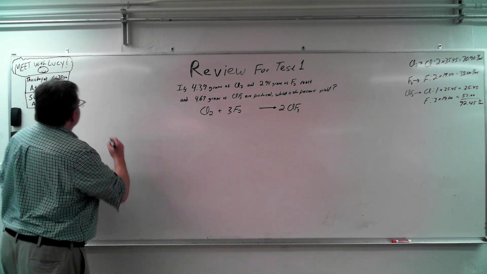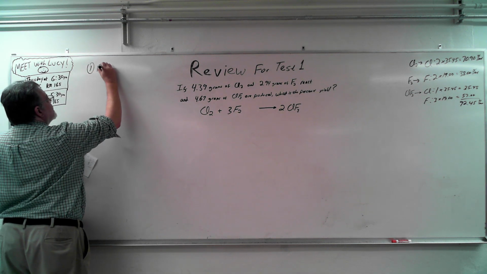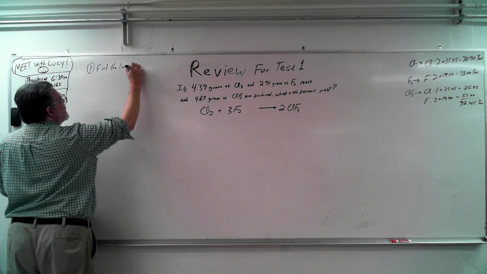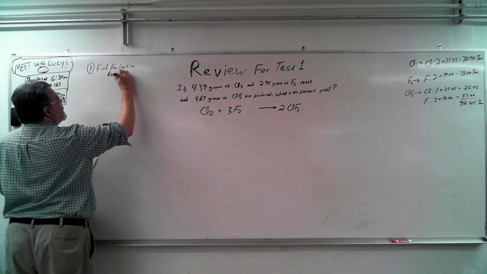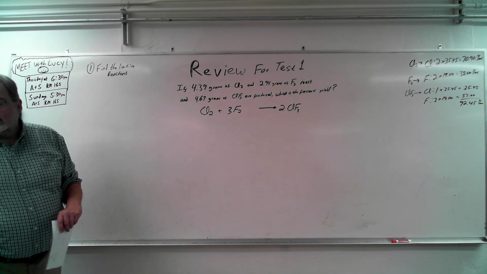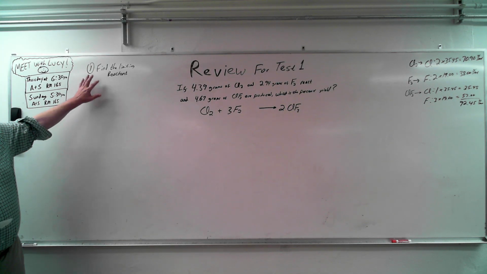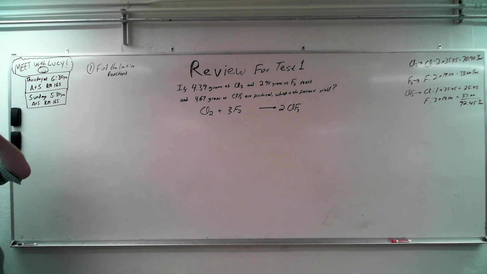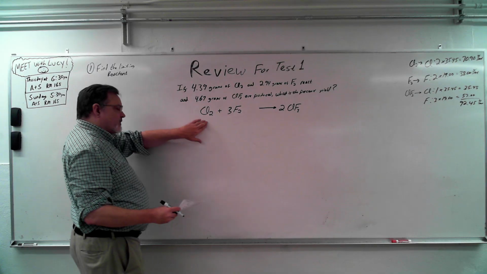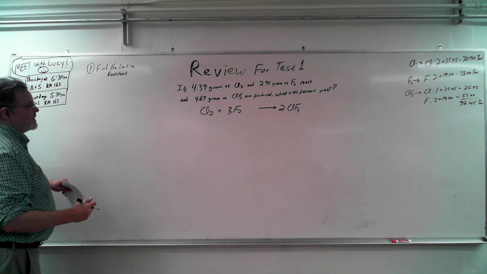Okay, first, whether you're looking for theoretical yield or percent yield, this is going to be the first step. So you remember what we do first? Pick one of these two. I usually just pick the first one just to be consistent.